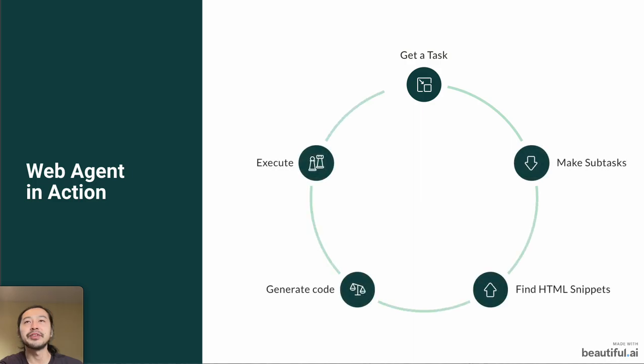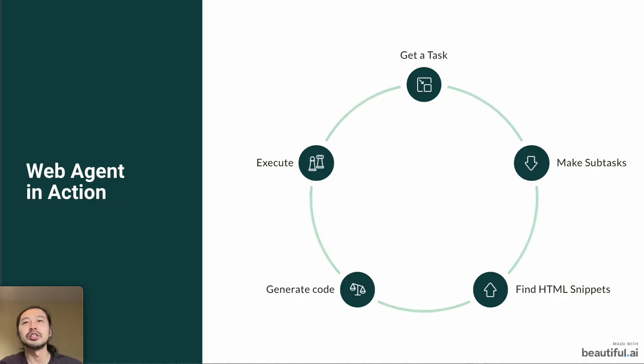So this is the overview of how the web agent functions. They get a task from the user, something like go search for this apartment, and that task would be subdivided into subtasks.